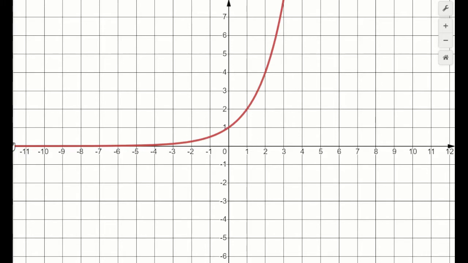This is an exponential function, particularly 2 to the x. And this is the graph as we have seen throughout our learning previously.